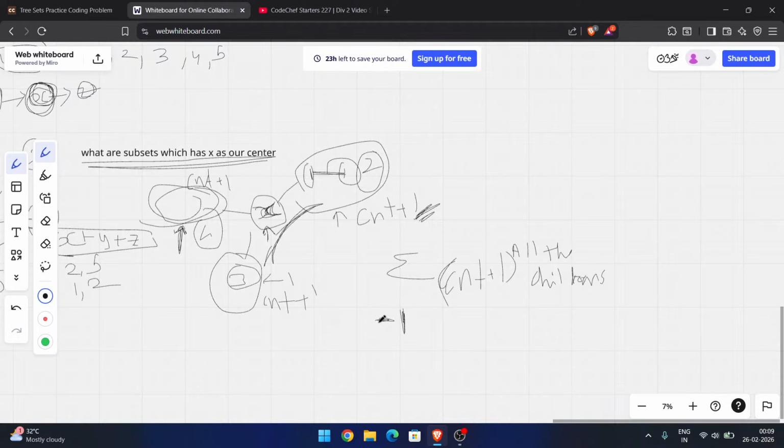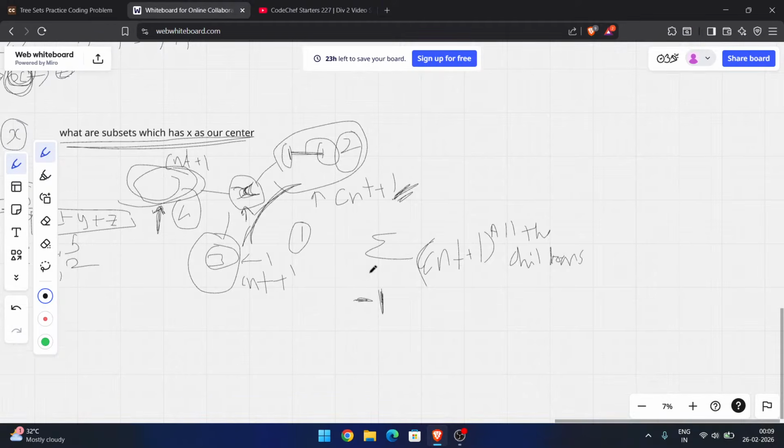Okay, but now what if I don't pick anything from both of these? Then also, if the subset only contains this one, then this is not the case. So that's why I was subtracting n minus one also. Suppose this has two indices.